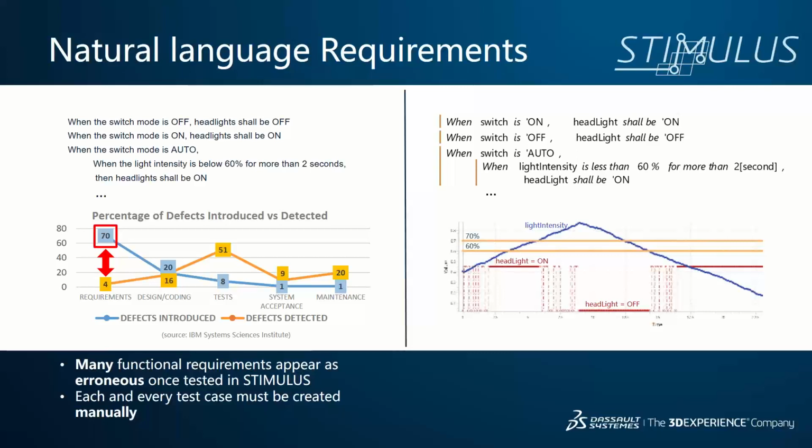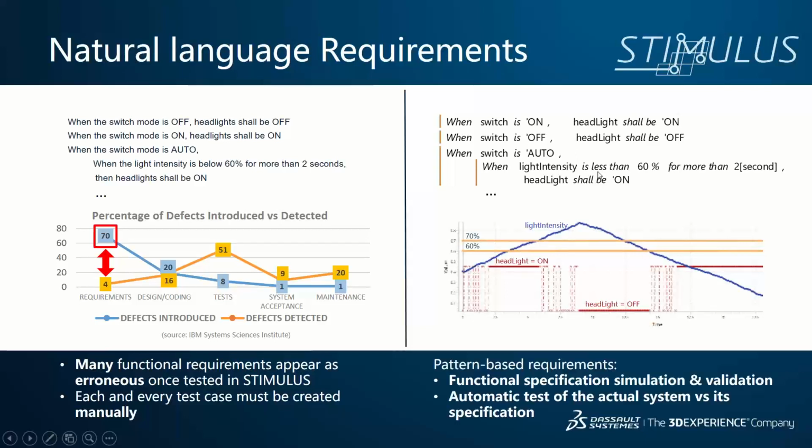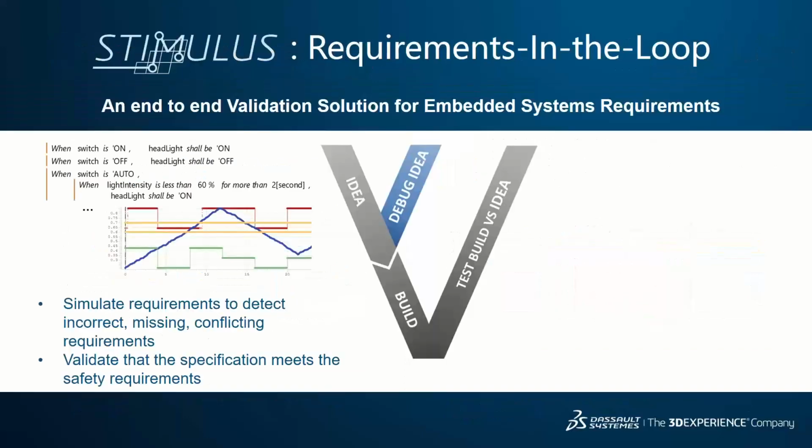You can simulate and observe executions of the system according to the requirements. That gives you the capability to validate the functional spec very early, find the errors in the requirements, and also, as you will see, to automatically test that the developed system meets its specification.